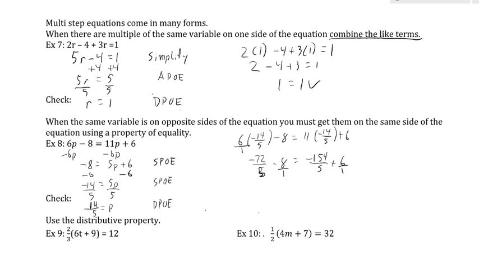When adding fractions, you have to find common denominators. Our common denominator is 5, so we're going to multiply by 5 over 5 to make those denominators the same. So negative 72 minus 40 all over 5, and negative 154.